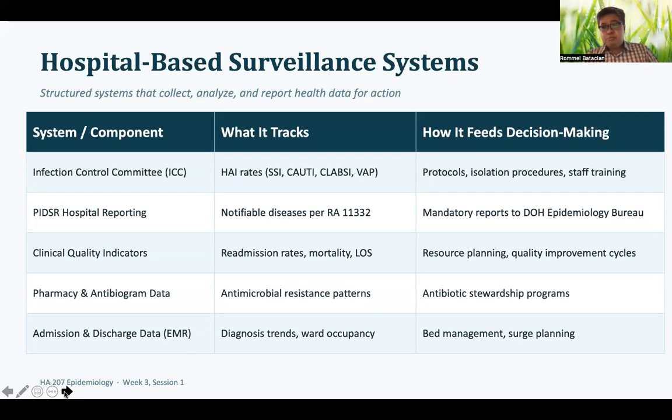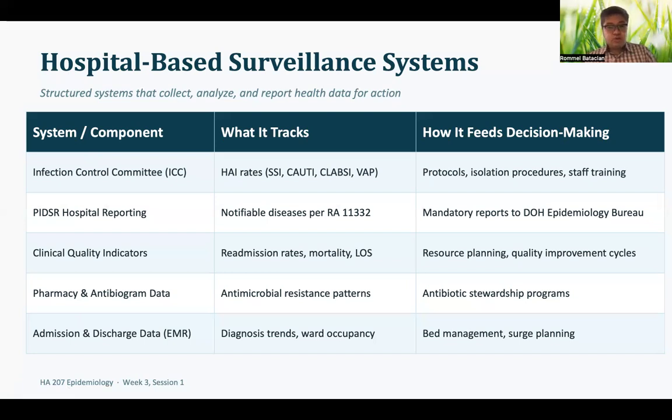So in the hospital, there are at least five major surveillance components. It could differ from one institution to another. There could be more, but at least these are the basic surveillance components. The first one, I think universal in all hospitals, would be the infection control committee.